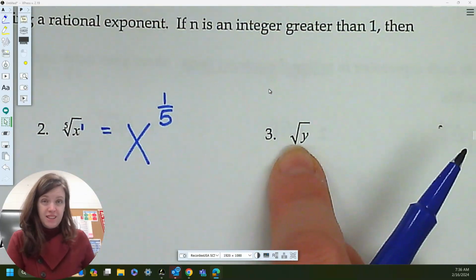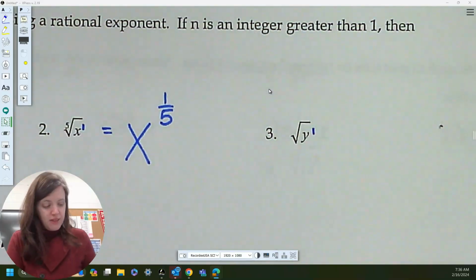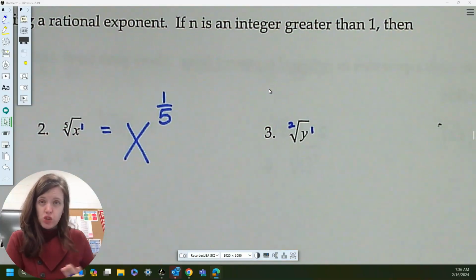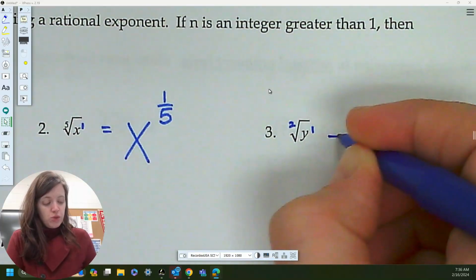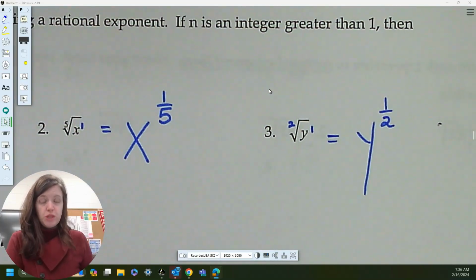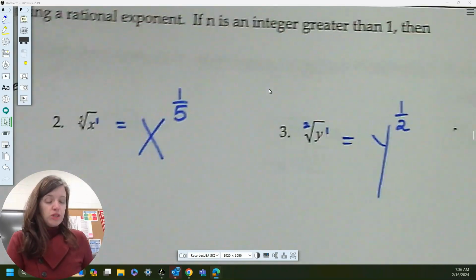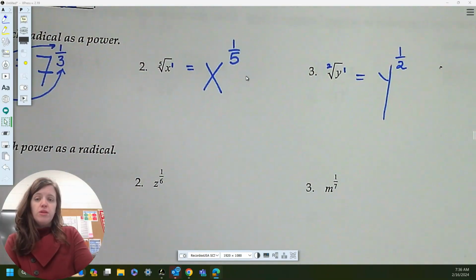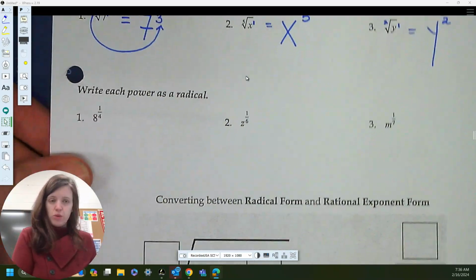And then here I see no numbers, but we have to remember that the exponent is a 1, and when we don't have an index, it is a 2, because the standard one is the square root. So this would be y to the 1/2 power, which is the square root of y. Let's look at a couple that have some other numbers in them. Actually, no, I lied. These ones all have ones too.